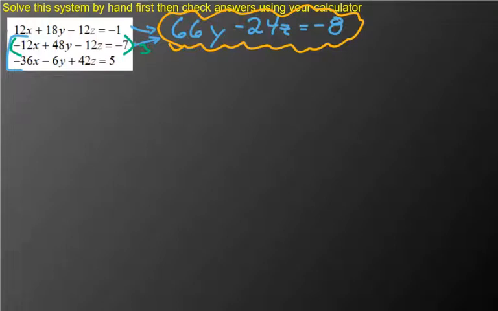So if I do that, bring it down here, so negative 36x, I'm going to have 144y, and then we're going to have minus 36z and negative 21. And then I'm just going to copy that third equation on the bottom here.